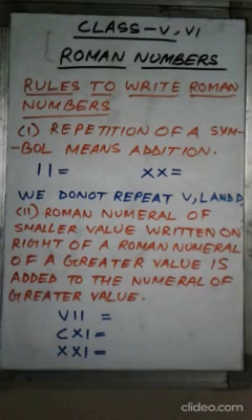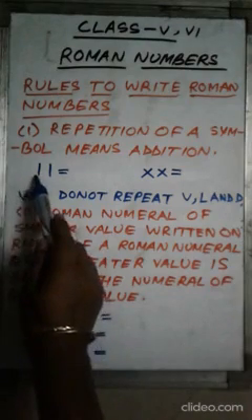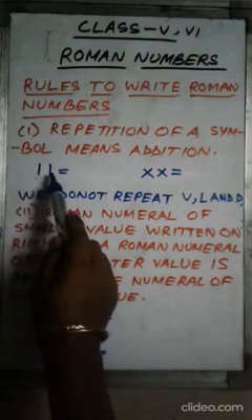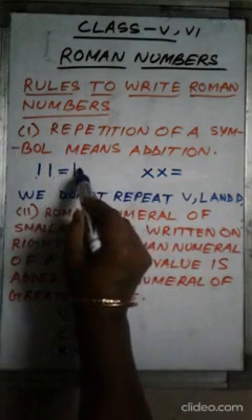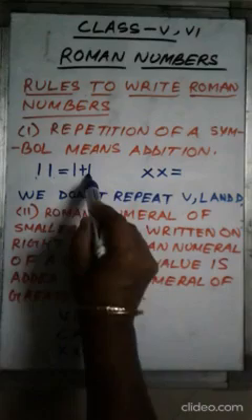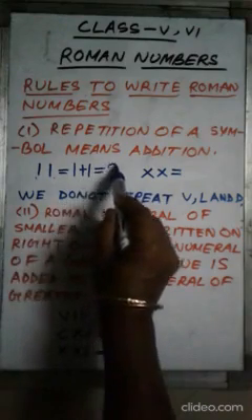Rule number 1, repetition of a symbol means addition. Here you can see the symbol is repeated, so it will be 1 plus 1, which is equal to 2.